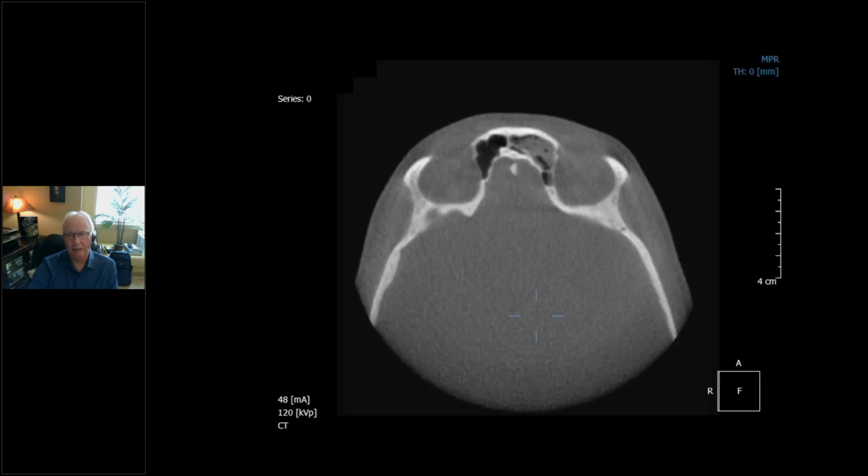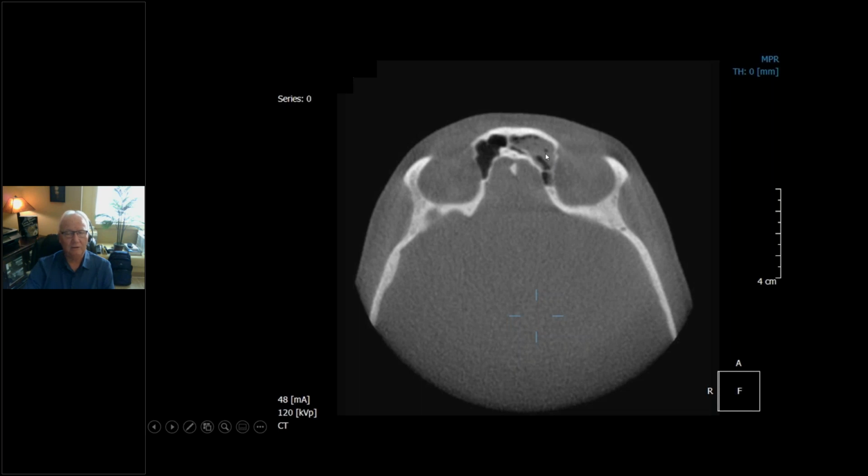I won't go into that today, but this is an example of an axial image that most of you won't ever acquire because it's way up in the top of the head. We're looking from the foot end. That's why this little F is down here in the box. This tells me in the software I'm looking from the foot end. You can see the frontal sinuses. These are your eyeballs, the tops of the orbit area.